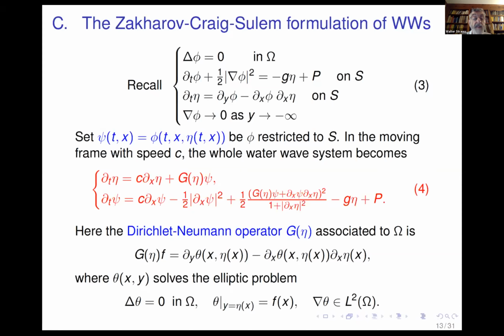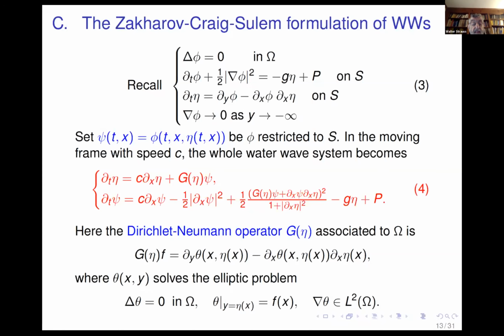And now you consider the Zakharov method, which is to just restrict the velocity potential to the surface. And then eta is the function which gives you the surface. And then 3 becomes 4. The 4 equations in 3 become the 2 equations in 4.